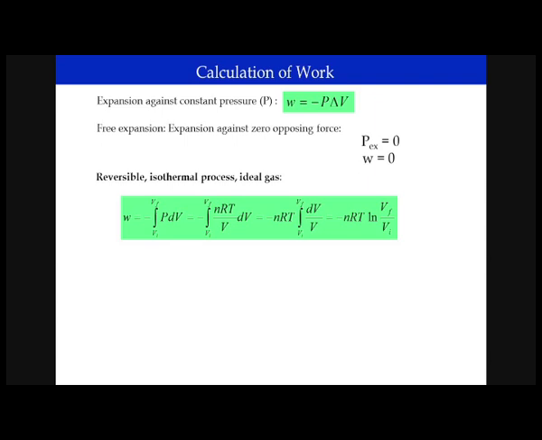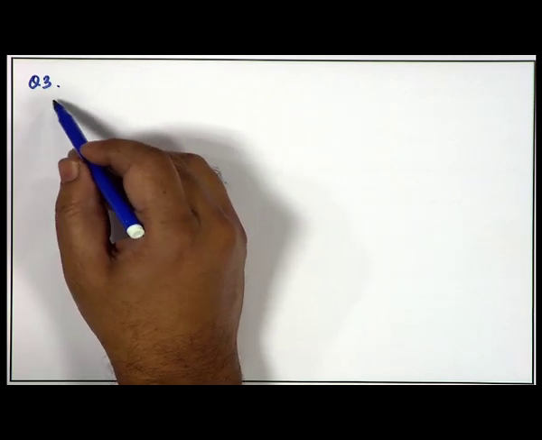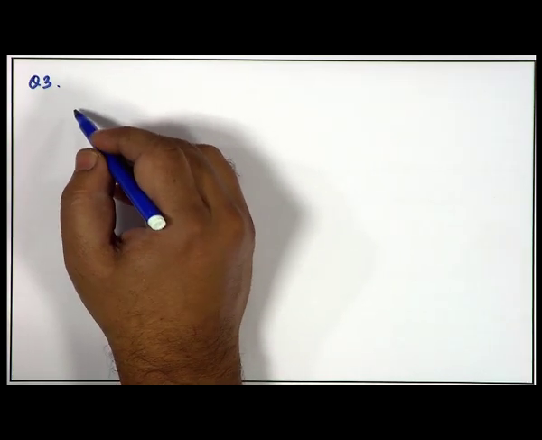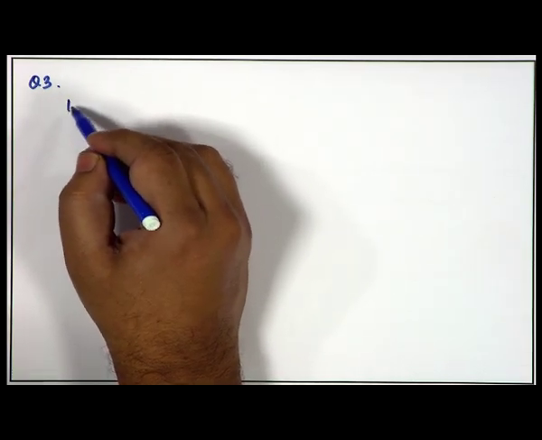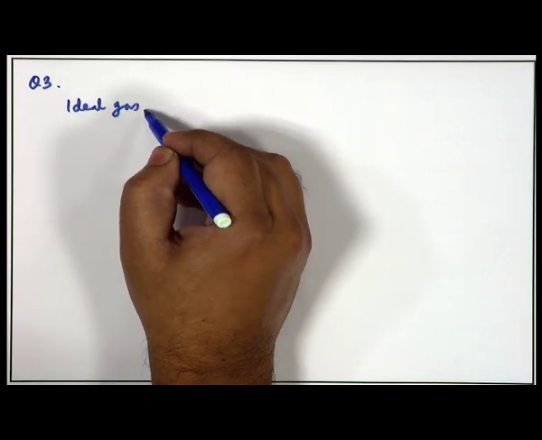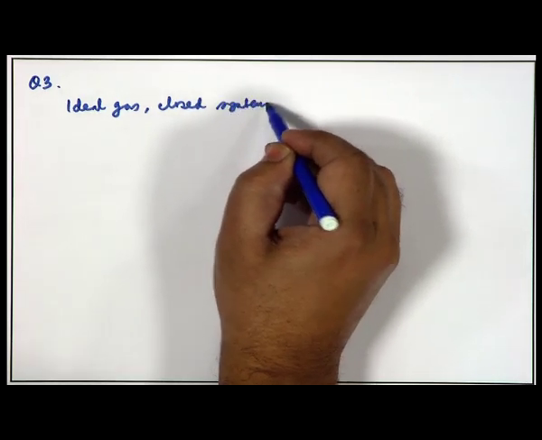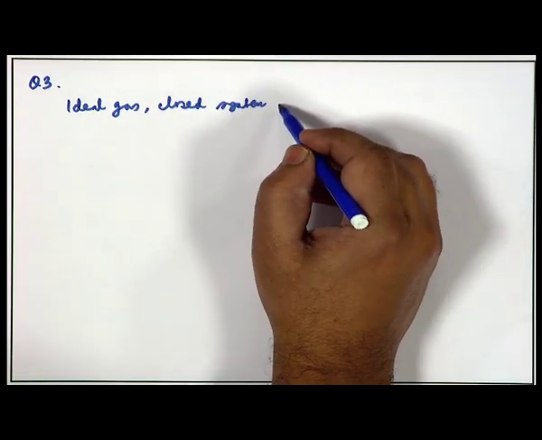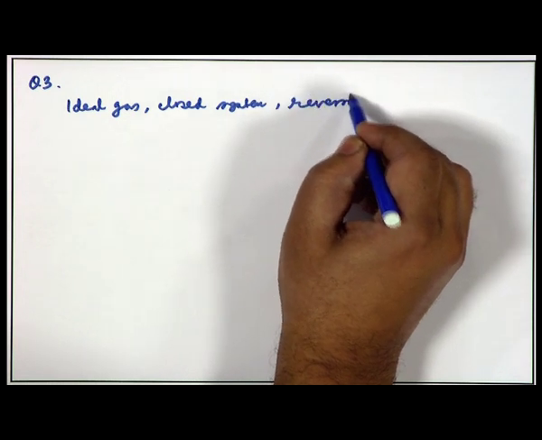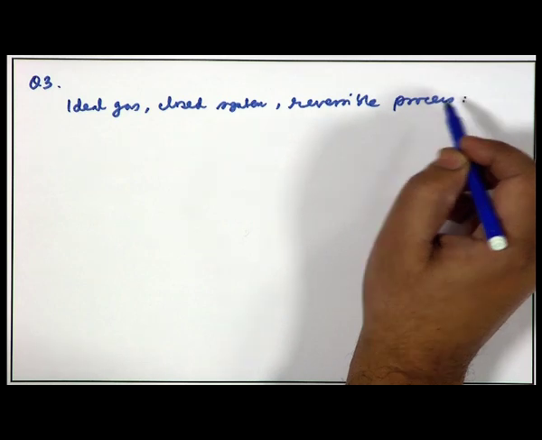Now, I will quickly ask a question and let us see whether you can solve this. So, that will be my question 3 in this lecture. So, I will take an ideal gas in a closed system and we consider a reversible process. So, what you have to do?